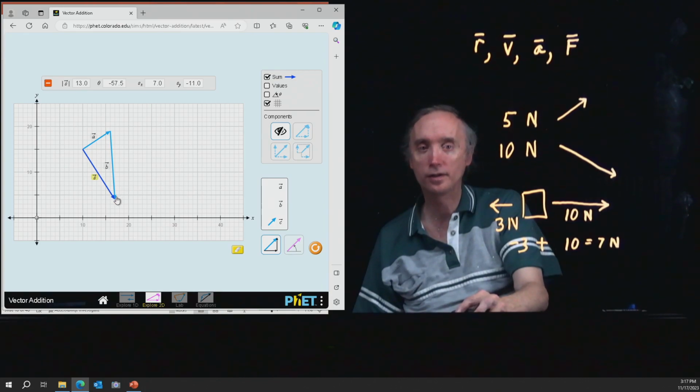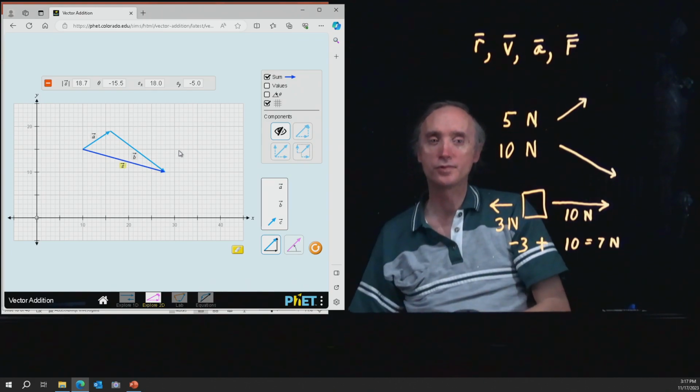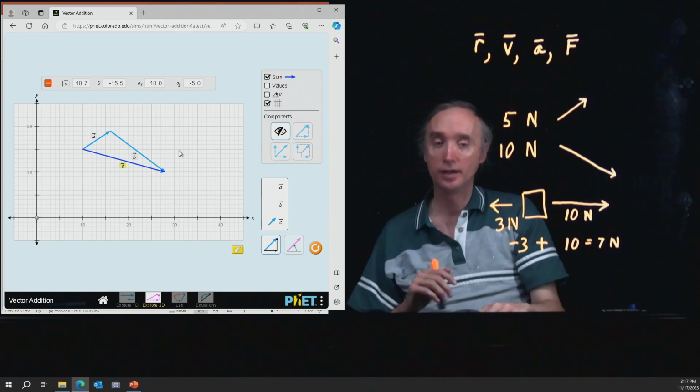And then if you click it, you can click it here. Now notice if I click on this one and I change the angle, do you see how this one changes automatically? Okay, so that's how you add arrows geometrically.